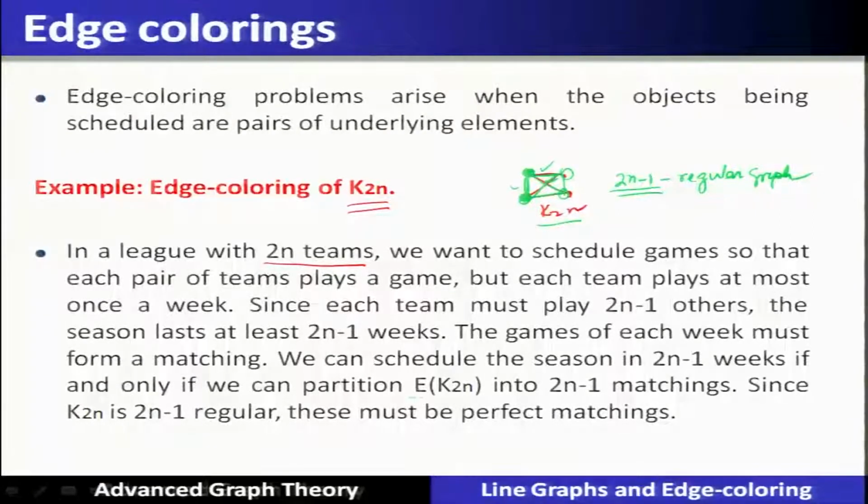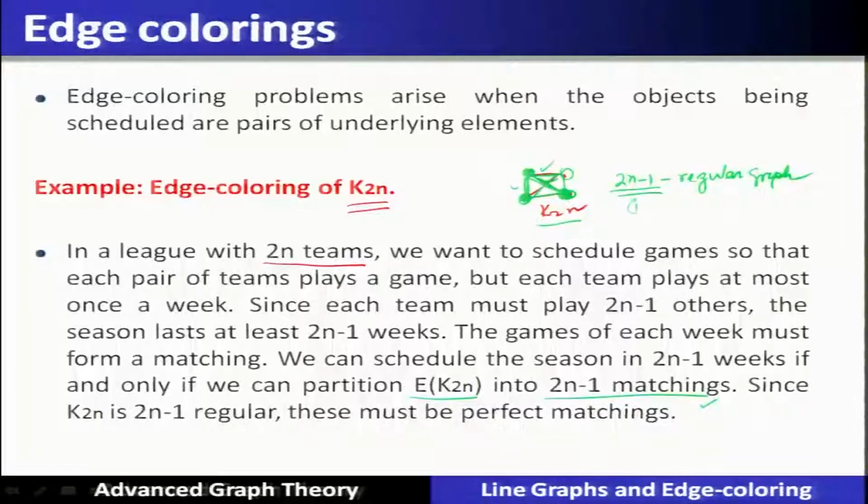So, we can partition this set of edges into 2n minus 1 different matchings, and how to obtain these matchings, that is the pairings, is called an edge coloring. When we obtain a pairing, there is a rule that if these two are selected, then the remaining pair is determined.